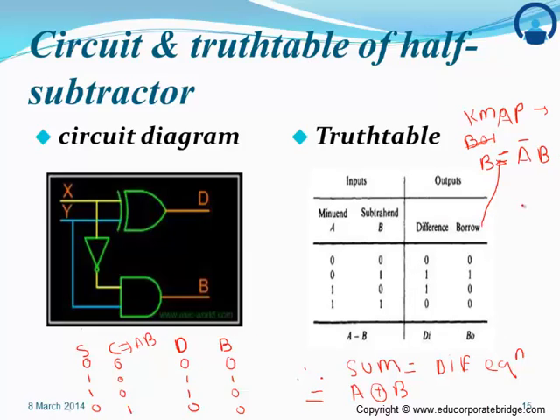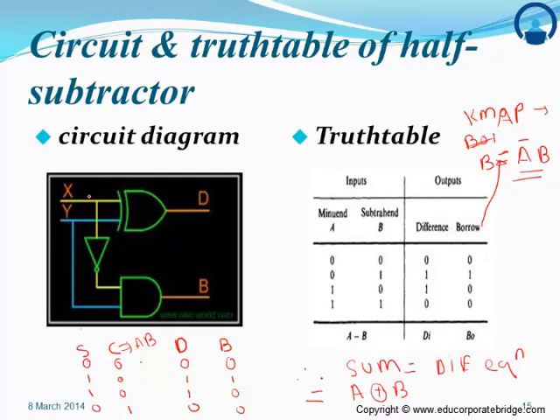Hence we can see that A in sum is replaced by A bar in difference. That is the reason we have an XOR gate for the difference, as the equation is similar to the sum equation, and we have an AND gate for borrow with an inverter.